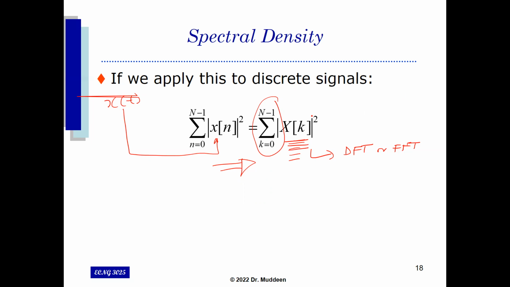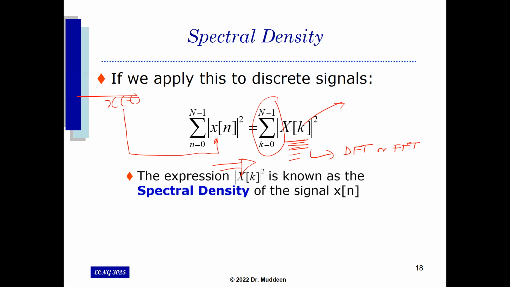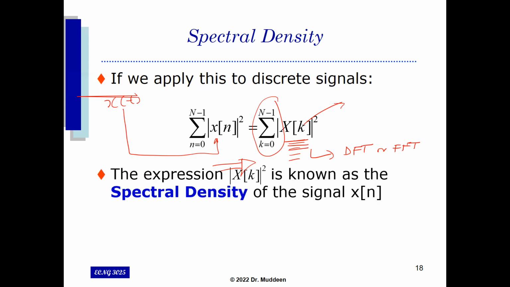And remember, how I do that is basically to square the magnitude of it. Like when you're working with voltages and you want to find out how much energy you're dissipating in something, it's V squared over R, for instance, in a resistor. Same thing here, so you square it. That particular expression is known as the spectral density of the signal. All right.